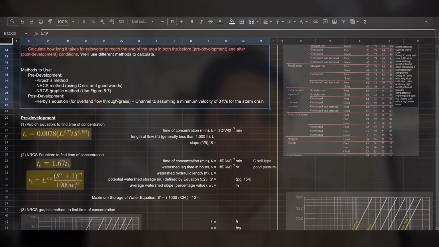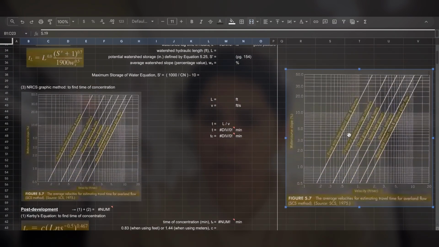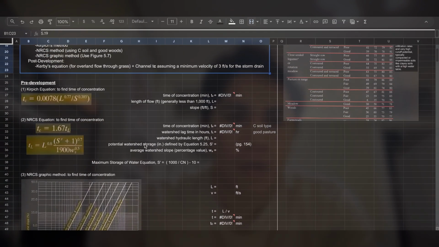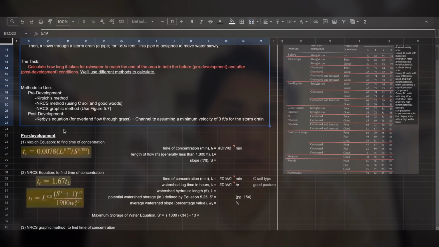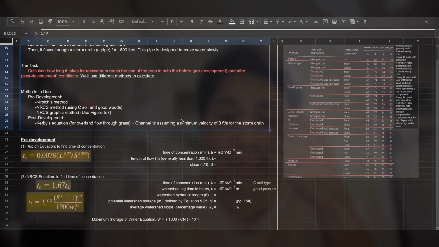That is going to be done with the help of figure 5.7 offered in the book, which is this one here. Apparently we have it twice, so we don't need that one. In post-development, we're going to use Kirby's equation for the first 300 feet, and then we're gonna solve for the time of concentration in the pipe for the rest of the 1800 feet.